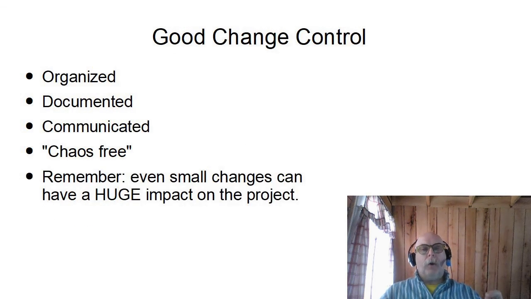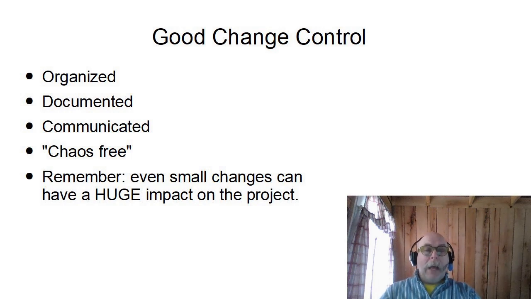Good change control can clearly be said to be organized. It's documented, it's communicated. If you're good at change control and you're managing the changes and you're communicating the changes and you're documenting the changes, you're not creating chaos in the project.